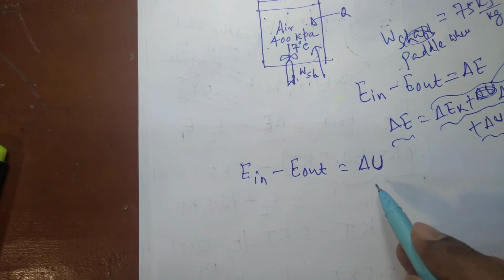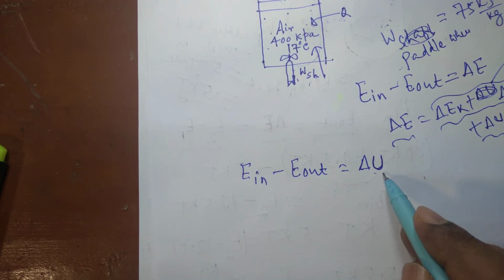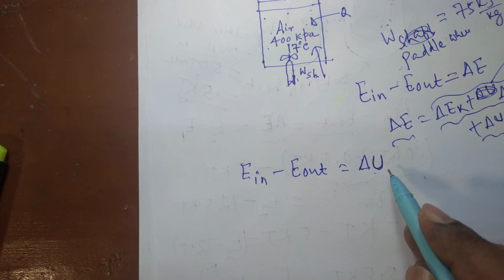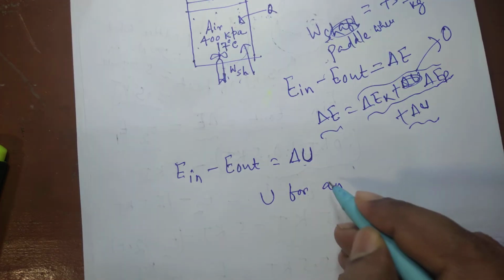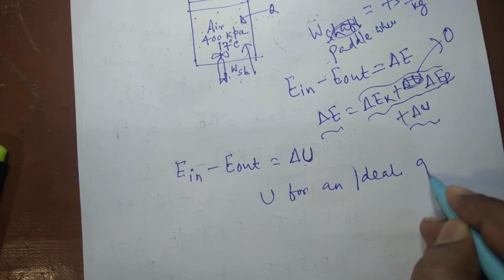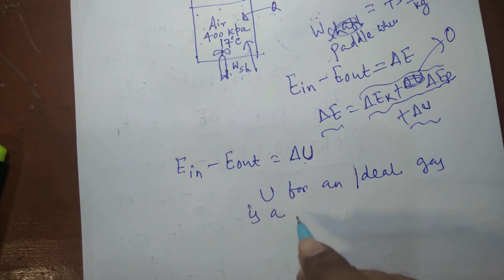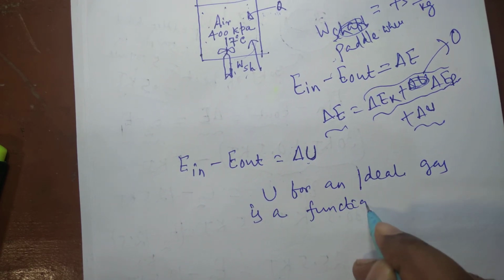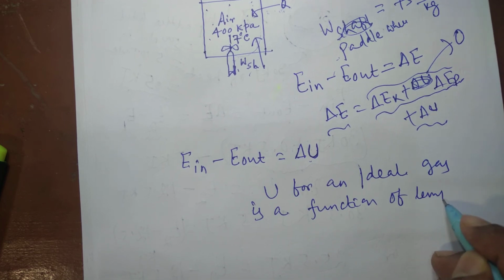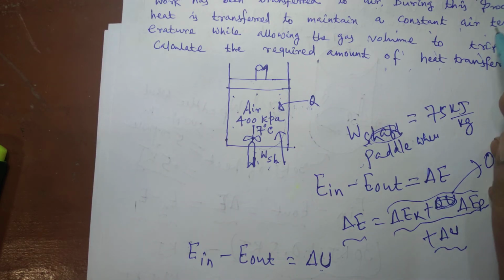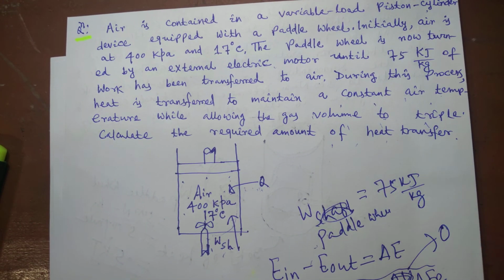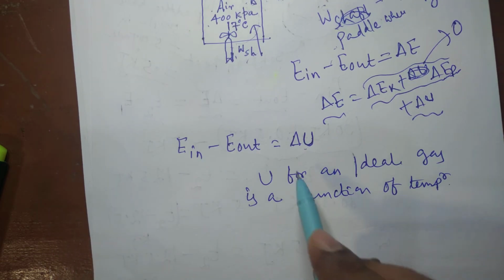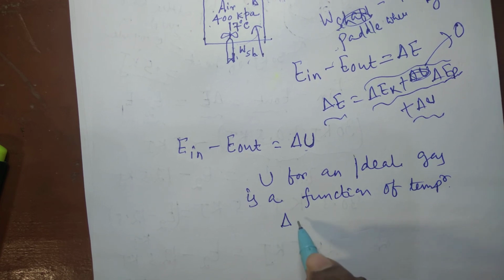For any ideal gas, U is always a function of temperature. According to Joule's law, U for an ideal gas is a function of temperature. Since it is given that heat is transferred to maintain a constant air temperature, temperature remains constant, and since U is a function of temperature, U is constant.